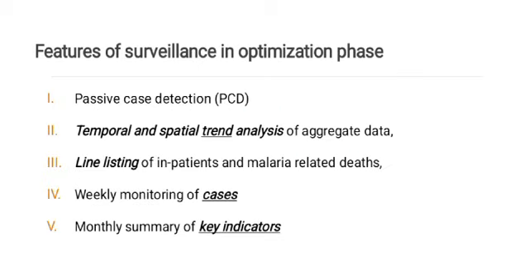Features of surveillance in optimization phase: passive case detection, PCD, temporal and spatial trend analysis of aggregate data, line listing of inpatient and malaria-related deaths, weekly monitoring of cases, monthly summary of key indicators.